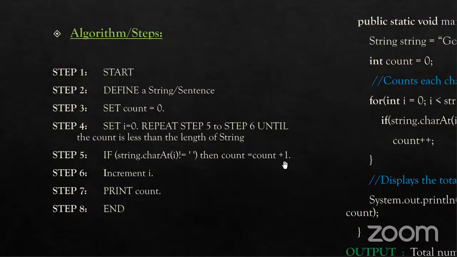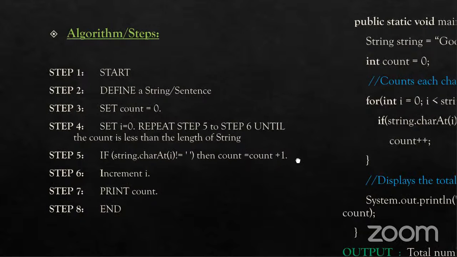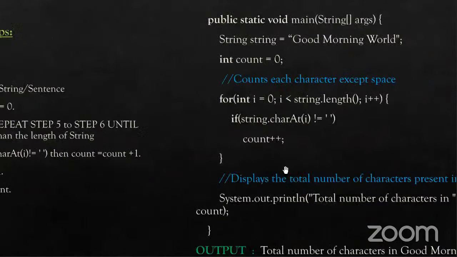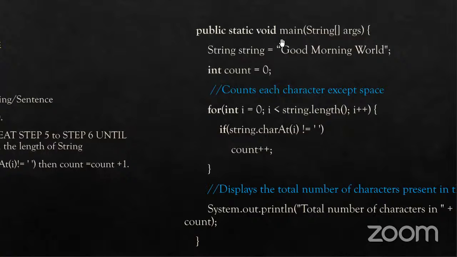If it is not a white space, we increment the count by 1, then increment i. Basically, this loop counts the number of characters inside the string. I'll show you the program for the same algorithm.